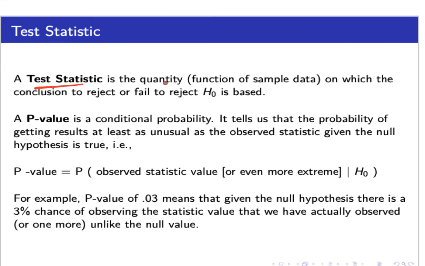This is a quantity on which the conclusion to reject or fail to reject is based. And not only that, we need a p-value, which makes our life very simple, where it is a conditional probability which tells that the results we get from a sample data are as unusual as the observed statistic, given the null hypothesis is true.